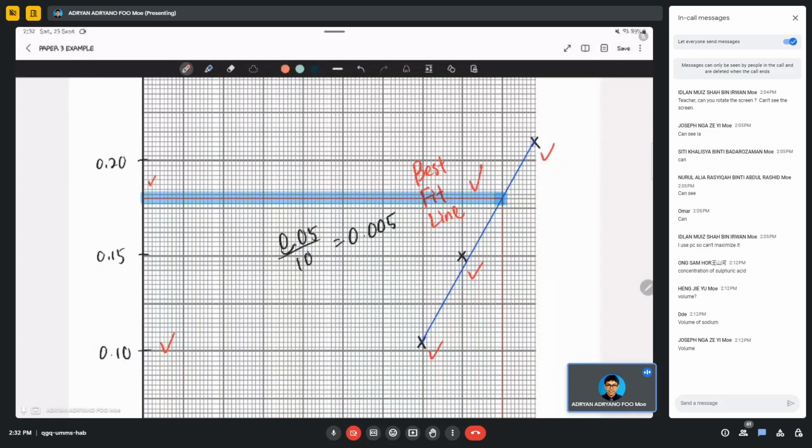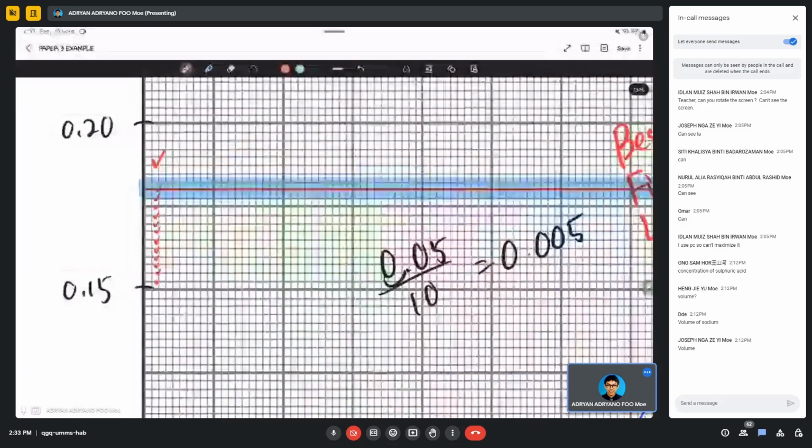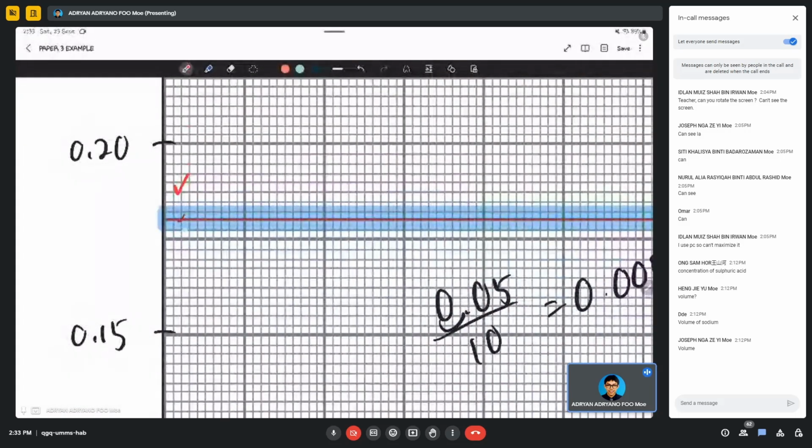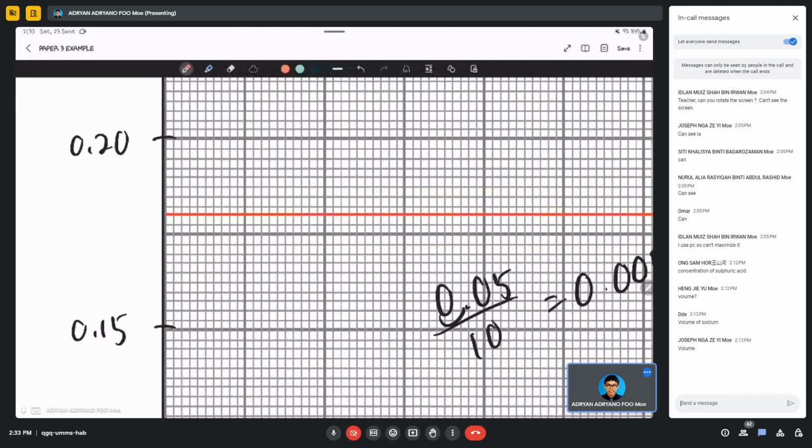So you count, 0.15, add one by one. What was it just now? 0.005, right? Add 1 2 3 4 5 6 7 8 9 10 then 11 12, okay you will get 0.21, seems not right. Okay, how? From here, give me your answer. What do you get from this straight line? I want you to count, tell me your value. What is the value of the time taken?